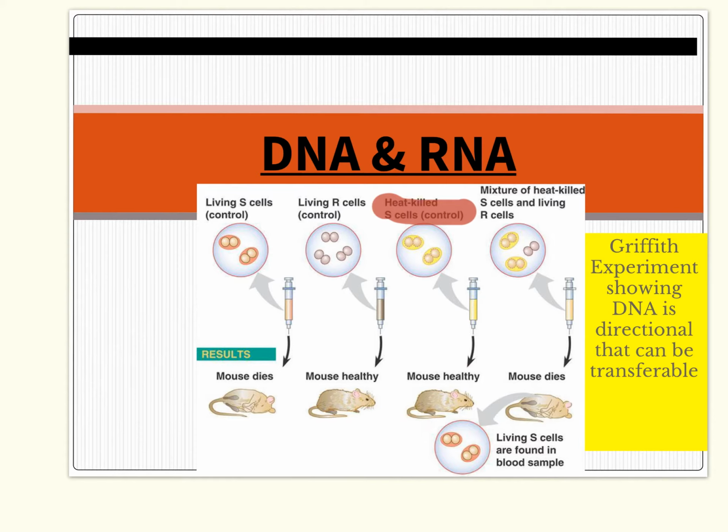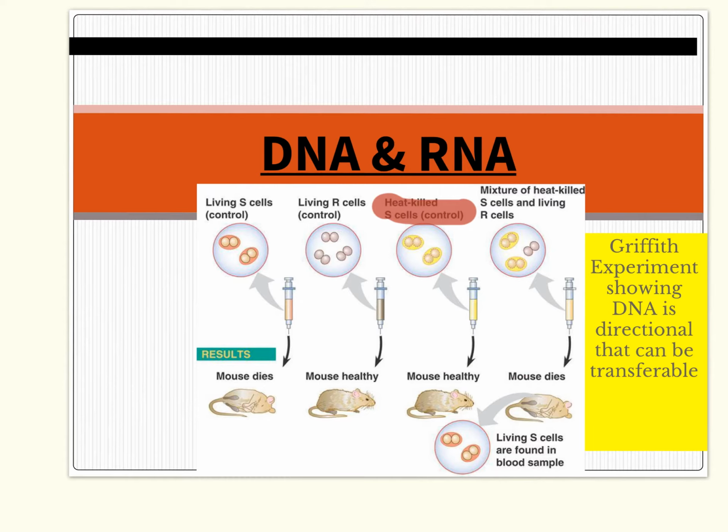The interesting thing happened, though, when they mixed the R cells, which were the cells that didn't kill the mouse, and the dead bodies of the S cells. When they mixed those two, they found out that the mouse was then dead.